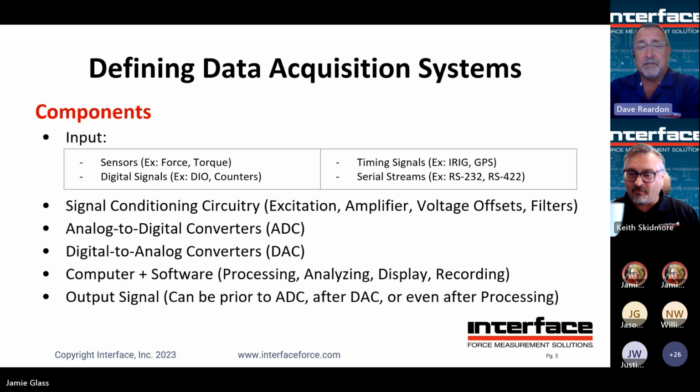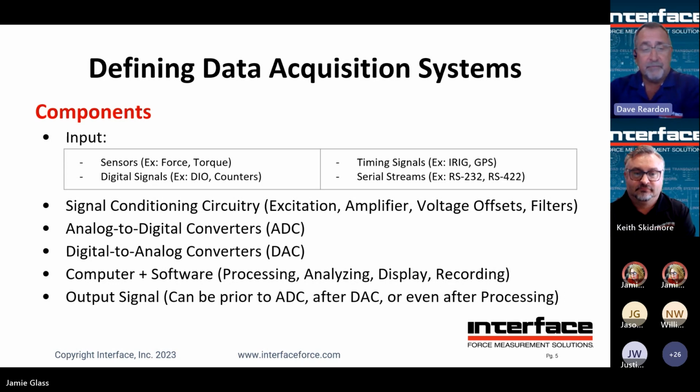The input gets connected to some type of signal conditioning circuitry, which provides excitation to sensors. It has an amplifier, voltage offsets, filters, and such. The signal conditioning system also has A to D converters.